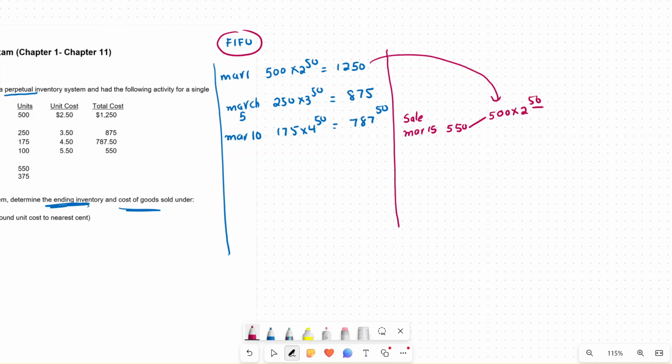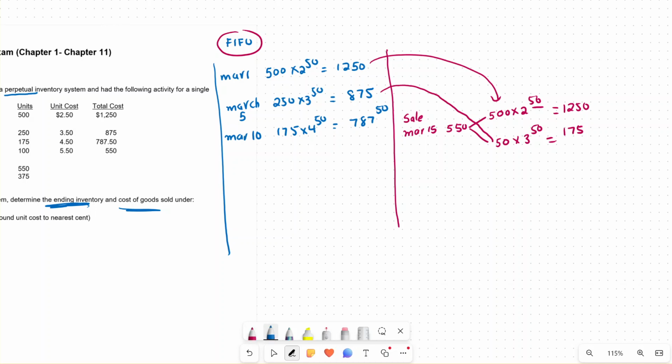I sold 550, so I go to my next inventory and sell 50 units out of that. The value of the sale will be $1,250 for this one and $175 for that one.